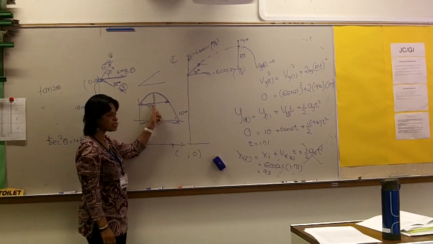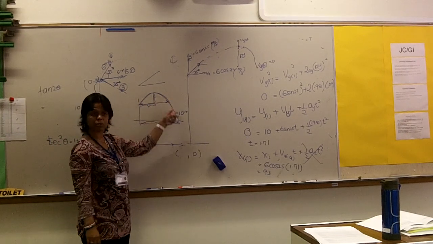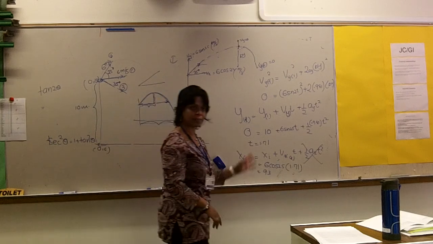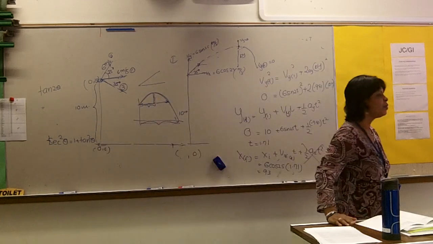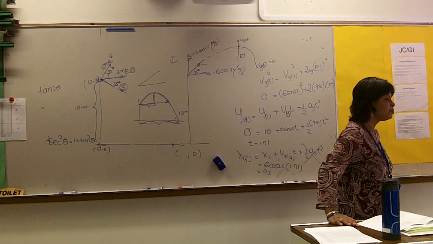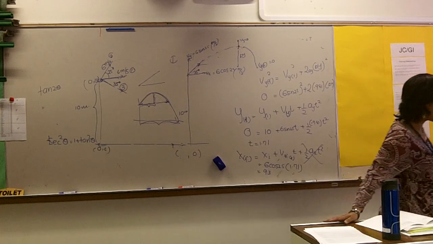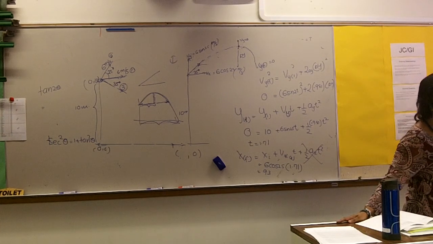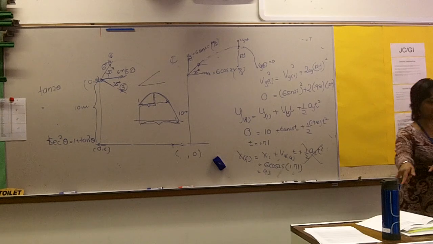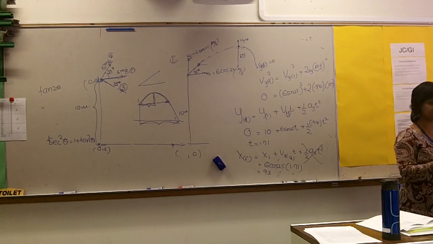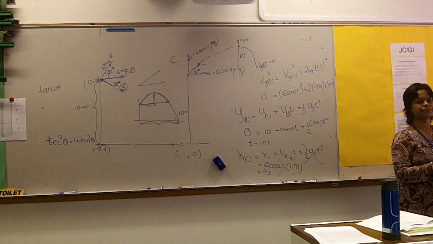Then double it because this is a parabolic curve, a parabola, when there's no air resistance. We are assuming there is no air resistance.